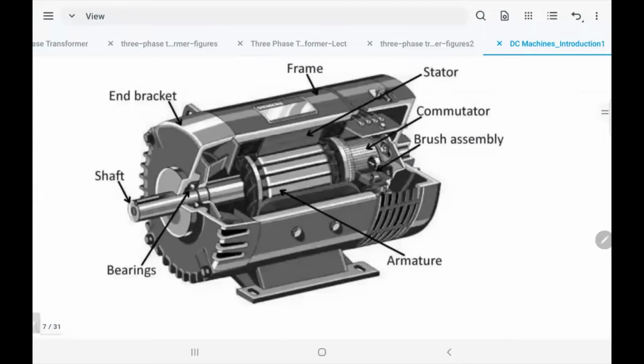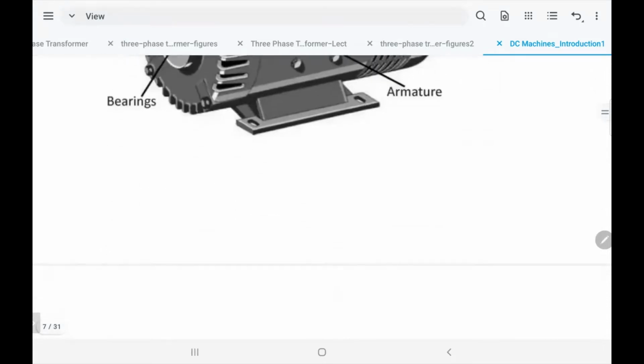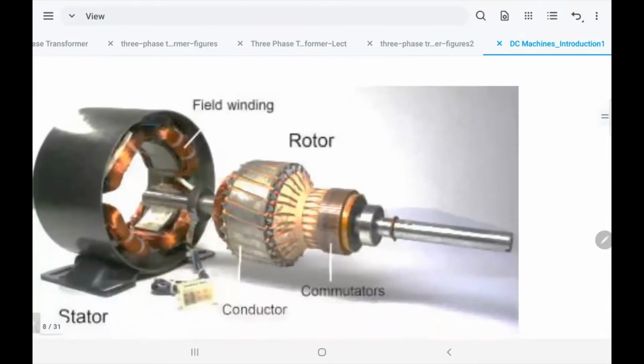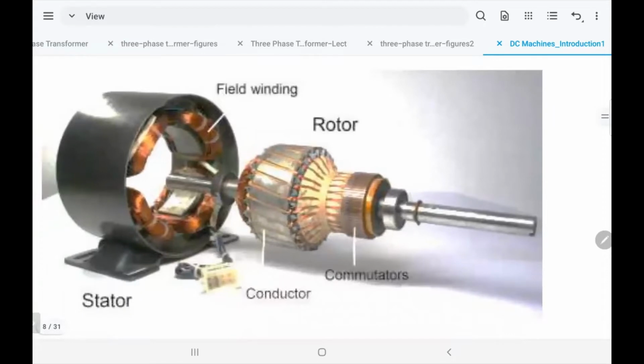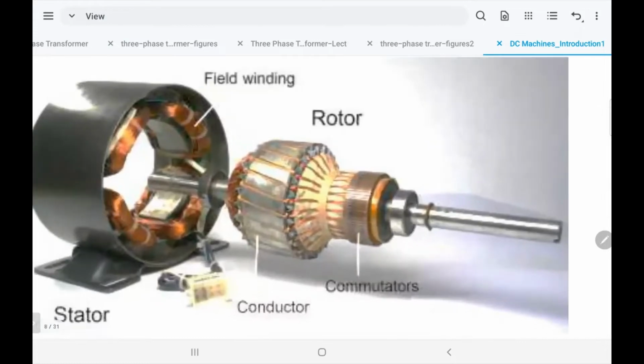The rotor of a DC machine has a commutator and brushes. What does commutator mean? That's the commutator and brushes. They are not in the stator, of course. They are assembled on the rotor. So that's the rotor.